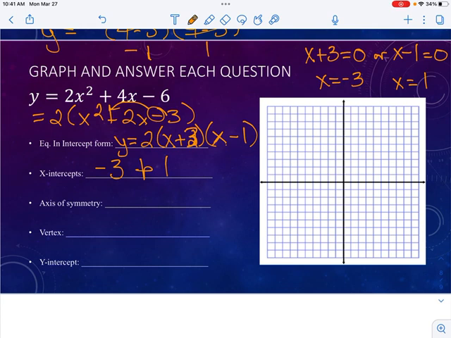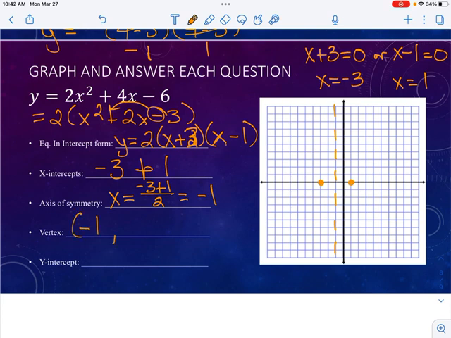Now I come over to graph that, so I have 1 here, and negative 3 here. And then if we add those together, negative 3 plus 1 is negative 2, divided by 2 would put me at negative 1. Or if you want, you can visualize it as halfway between those two x-intercepts.